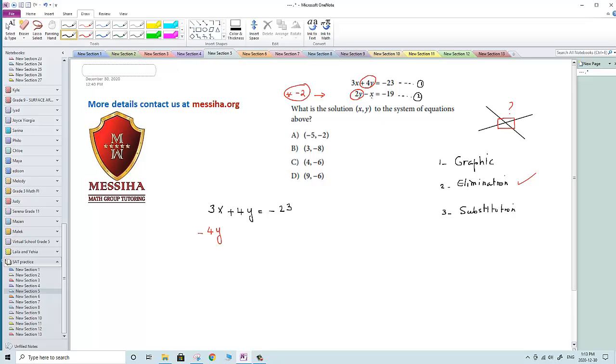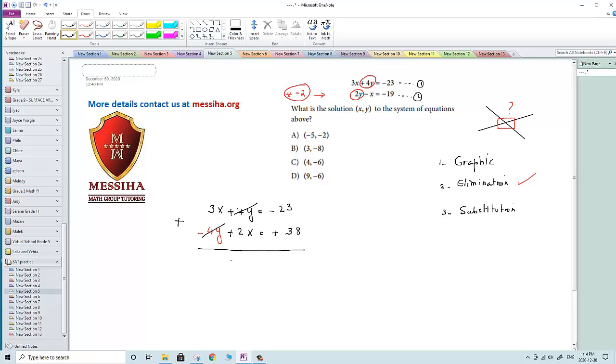After that, negative x times negative 2 gives me positive 2x. And negative 19 times negative 2 means positive, 2 times 9 equal 38. So now I can add both of them, and I know very well that when I add, I'm going to eliminate the y, the 4y with negative 4y.